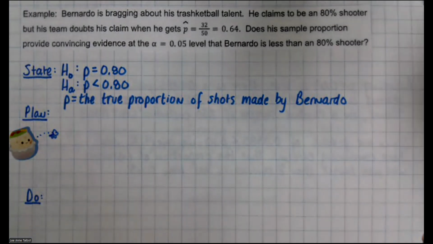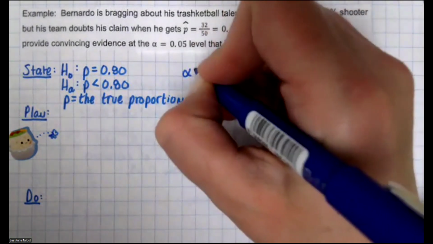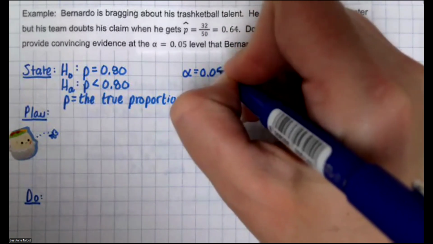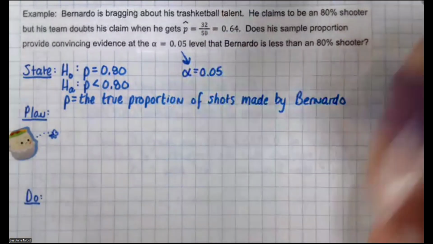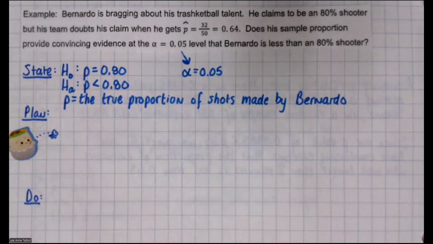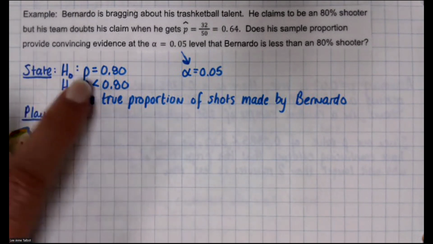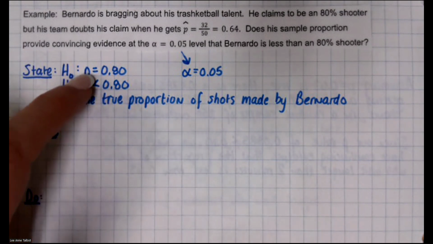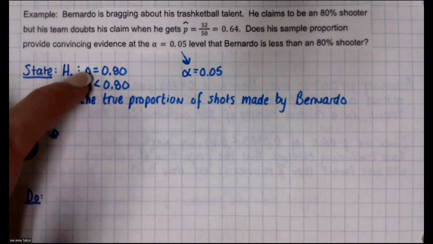Okay, anyway. And then I'm going to just make sure that I restate the alpha value just for my end game here. Do you guys have any questions about the state? So the null hypothesis is always an equals statement, always equals.